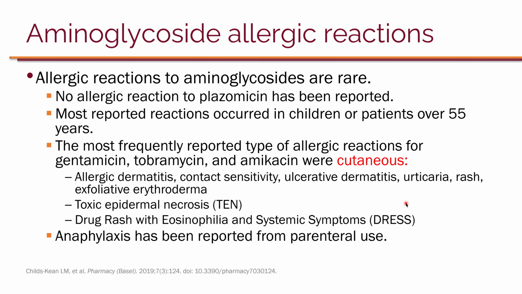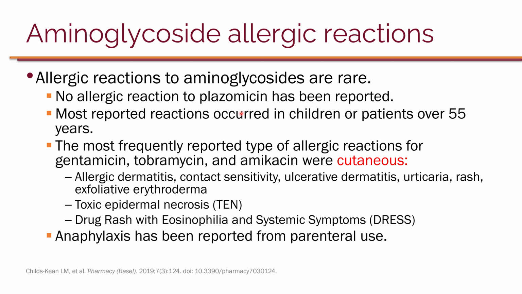Now let's take a look at aminoglycoside allergic reactions. In general, allergic reactions to aminoglycosides are extremely rare. In fact, no allergic reactions to plazomycin, which is the newest aminoglycoside that came to the market in 2018, have been reported. Most reported reactions occurred in children or patients over 55 years of age, so most patients will not have any allergic reactions to aminoglycosides.